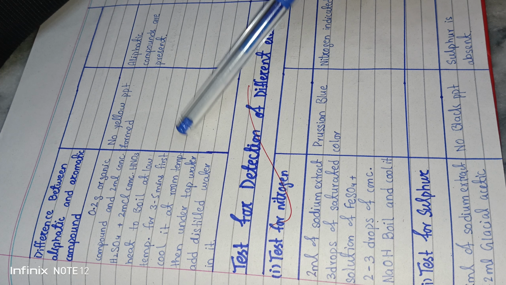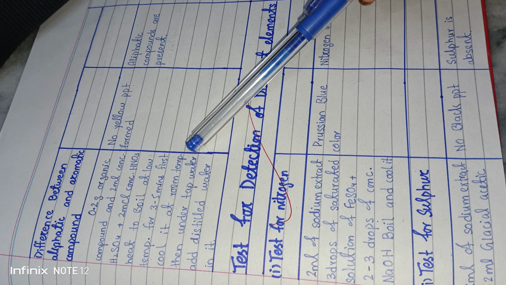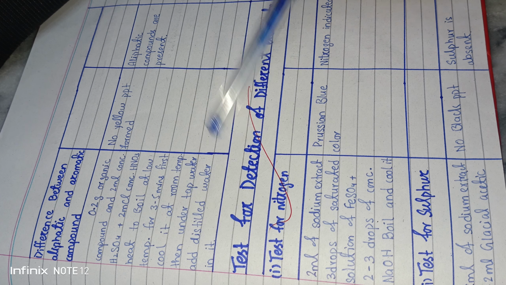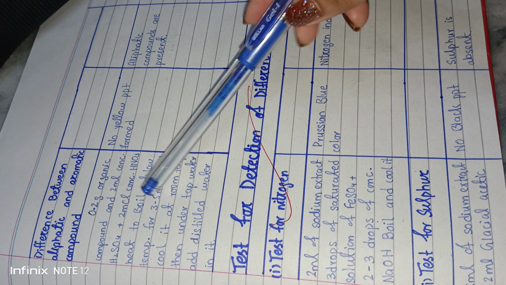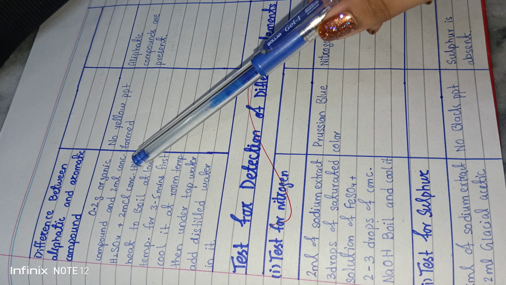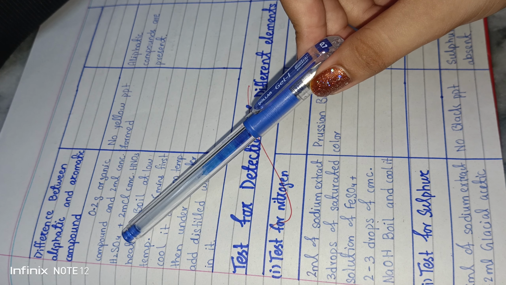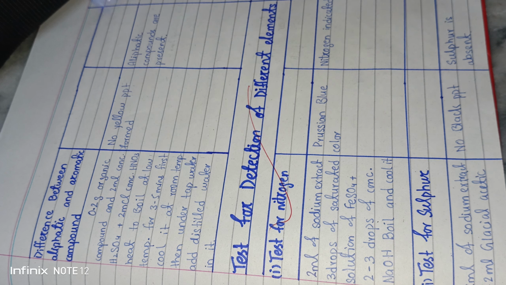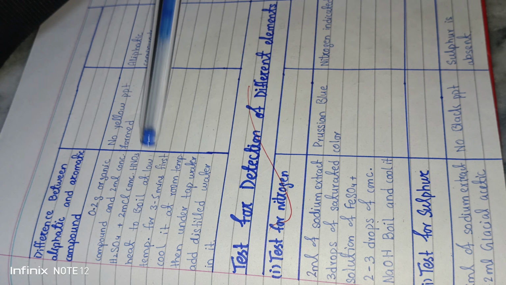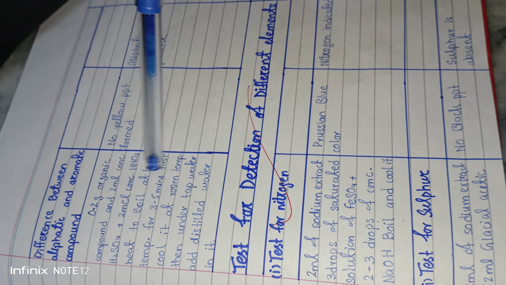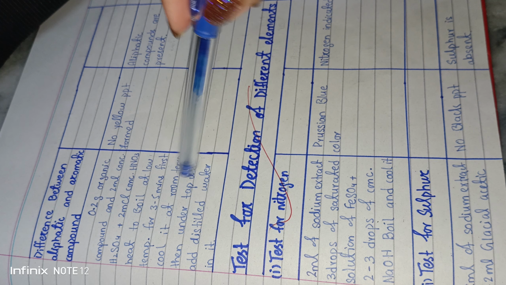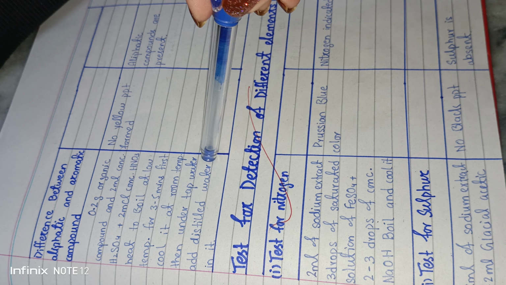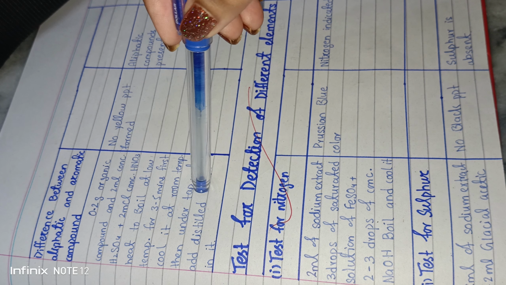Now we are going to differentiate an aliphatic compound from an aromatic compound by this test. You take some amount of the organic compound and dissolve it in concentrated H2SO4 and also HNO3, and then boil it at low temperature for 3 to 5 minutes. First you cool it under tap water, and then you add distilled water to it.